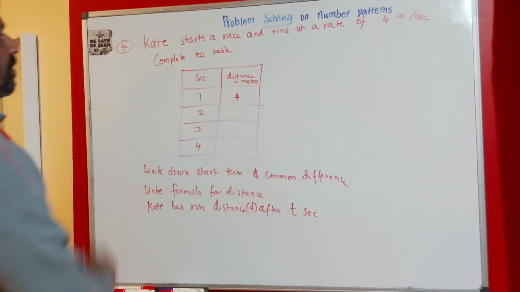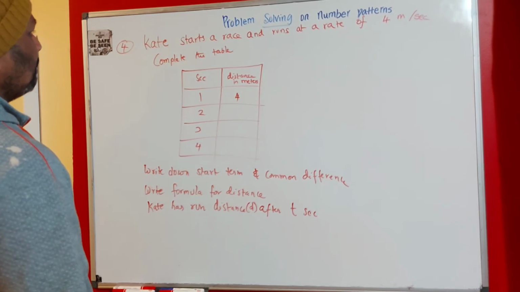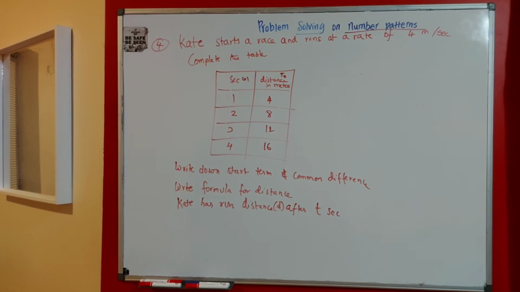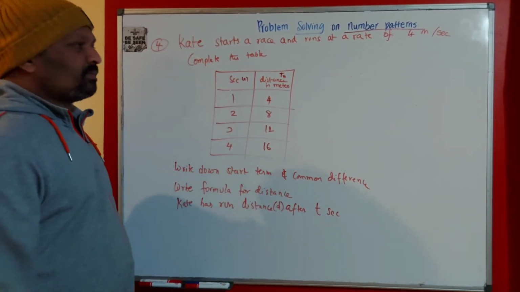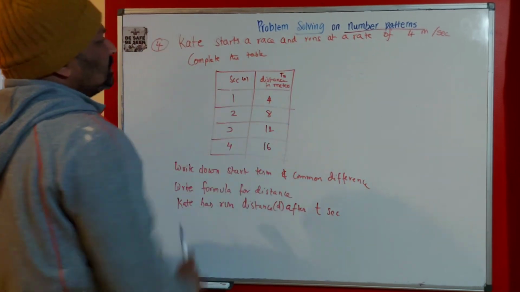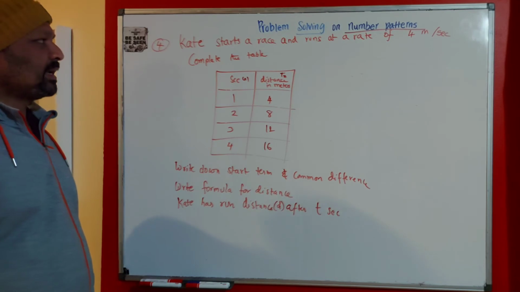So this is the fourth problem that we're going to solve on number patterns. The problem goes like this. Kate starts a race and runs at a rate of 4 meters per second.